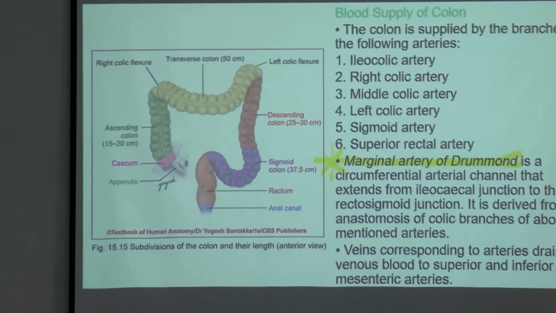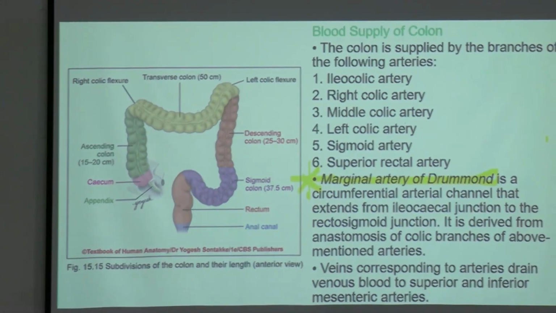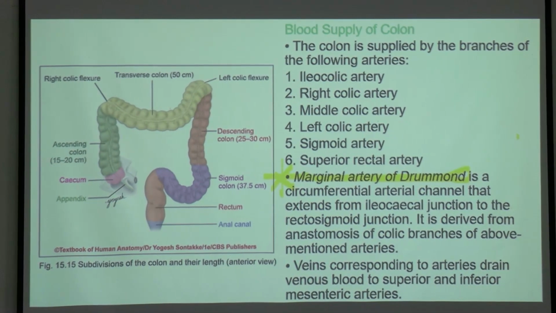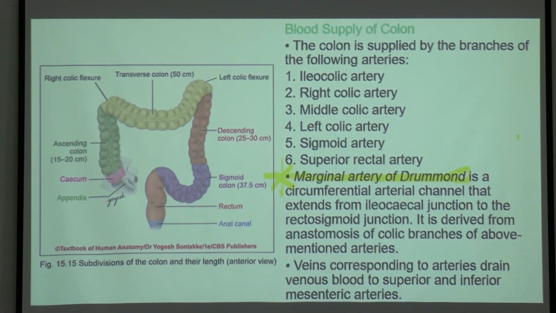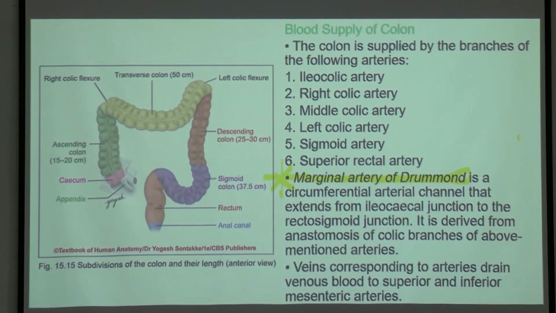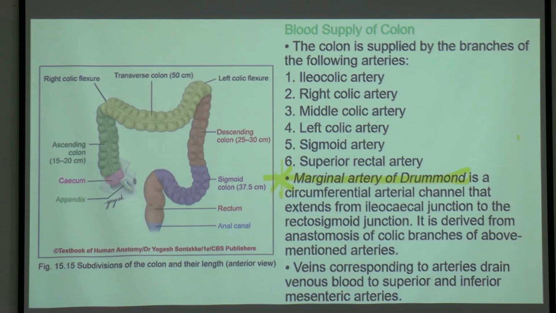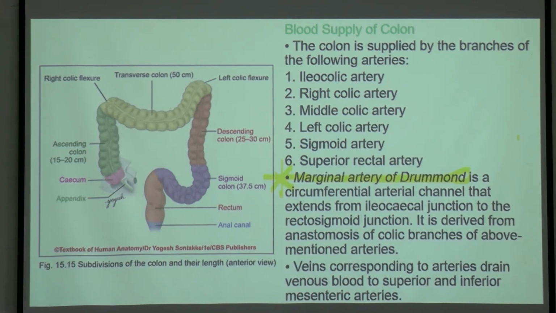Suppose the right colic artery is blocked. It can happen in mesenteric embolism, suppose one clot is formed in the right colic artery. So the right colic artery is blocked.